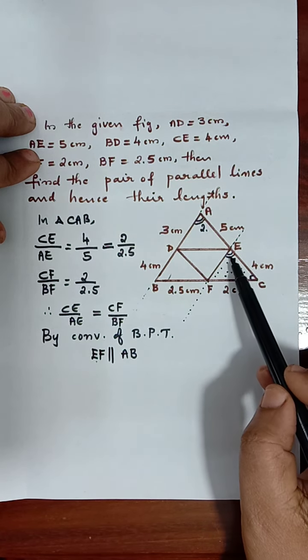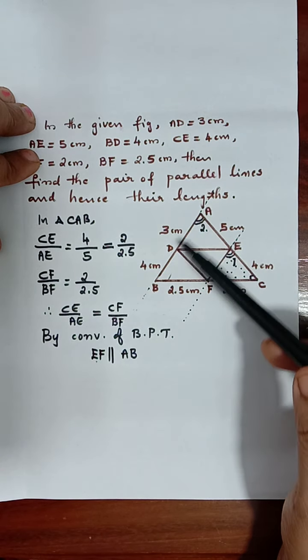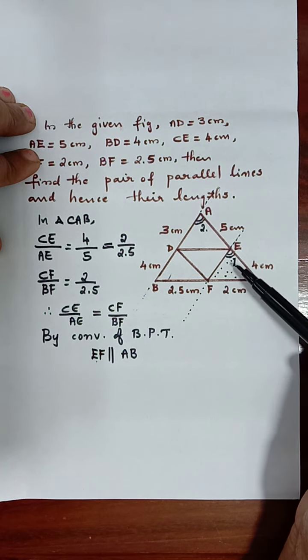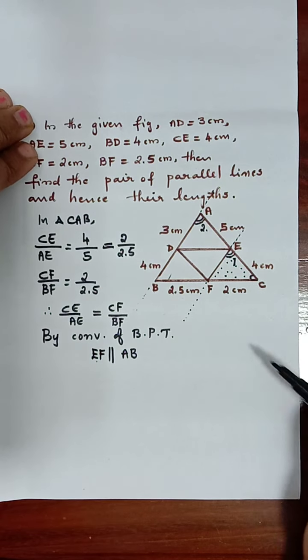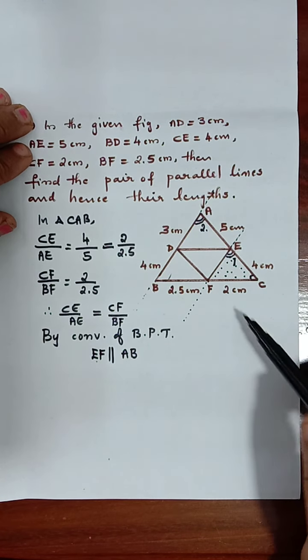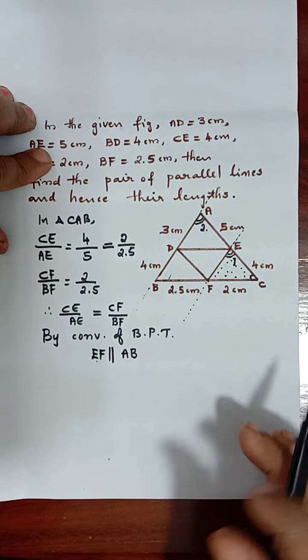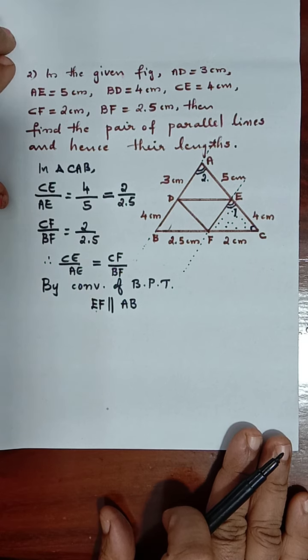Second: angle 1 is equal to angle 2, because EF is parallel to AB and CA is the transversal, so corresponding angles are equal. That is how these two triangles are similar. If these two triangles are similar, the sides will be proportional. That is how we are going to find it.